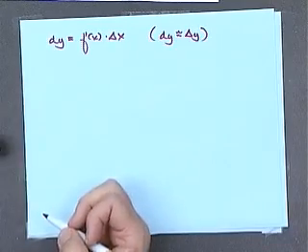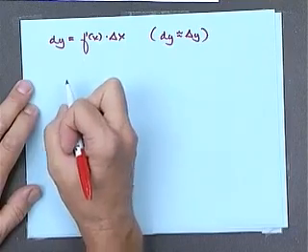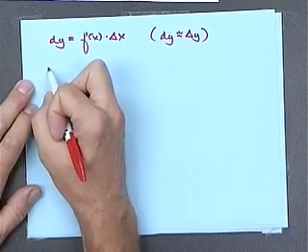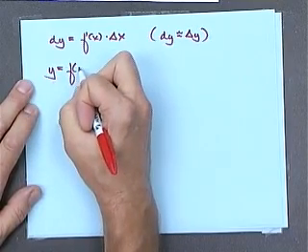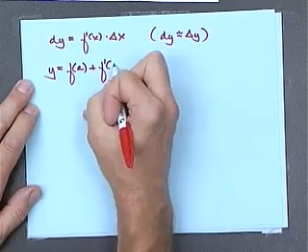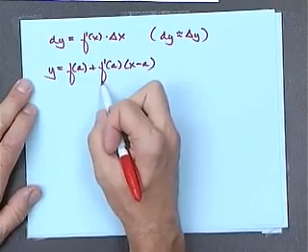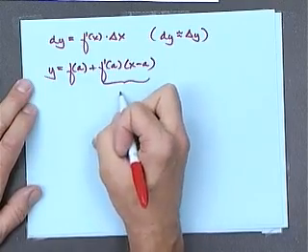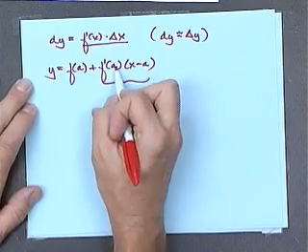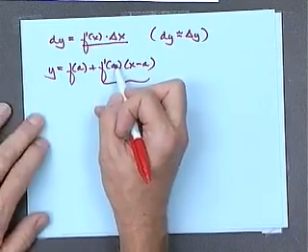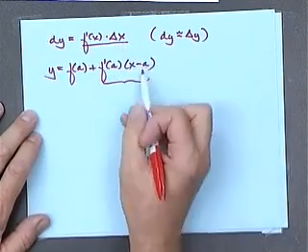So let me put a couple of these equations together, and then we'll look at a couple of examples. So we have y equals f at a plus derivative at a times x minus a. We flag this right here. There it is. First derivative at x, first derivative at a. A is the initial x value. This is the change in x, where we finish, subtract where we start.